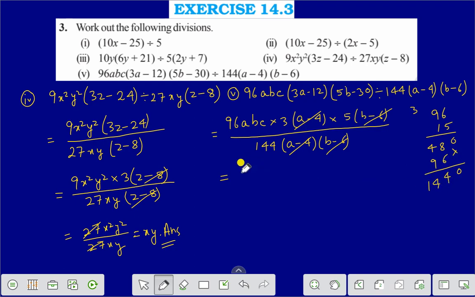Then we are getting 1440abc divided by 144. Therefore, if we cut it, 1 is 1, 0. So we are getting the answer as 10abc. That is the answer of question number 5.